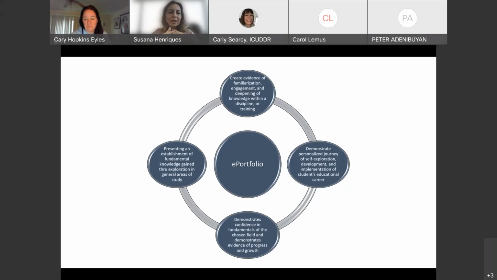how they could gain more knowledge and more skills, more competences in those areas of study.